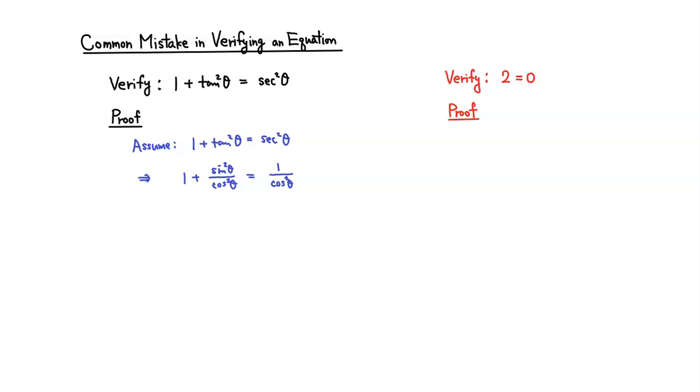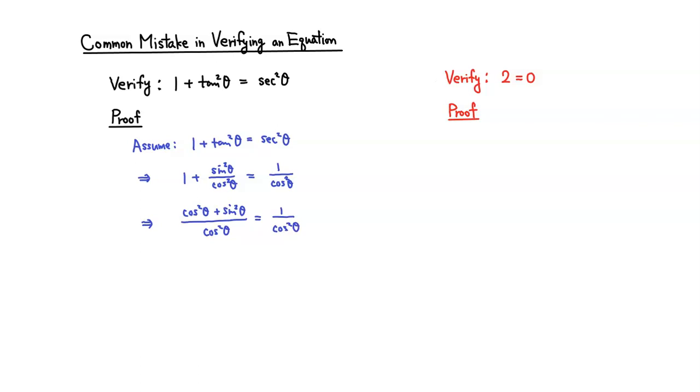Then what we can do is take the common denominator here, cosine squared of theta. So 1 is the same thing as cosine squared of theta over cosine squared of theta, plus sine squared of theta over cosine squared of theta. So this is equal to 1 over cosine squared of theta.